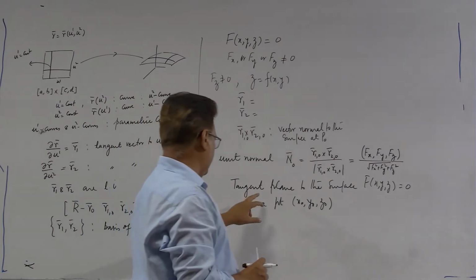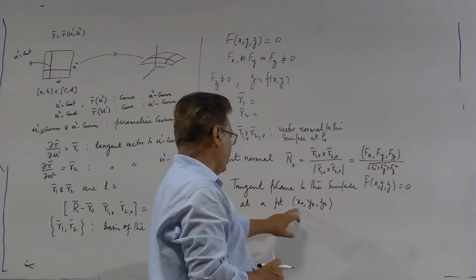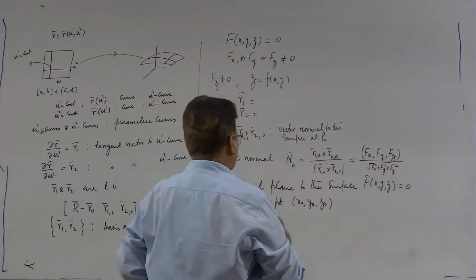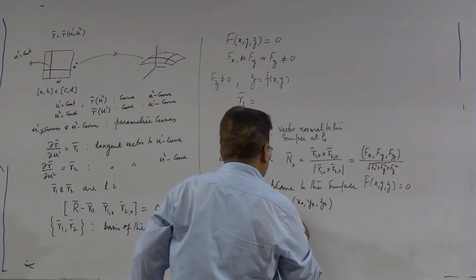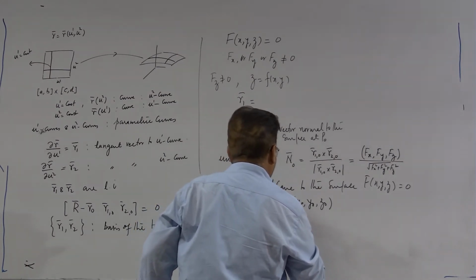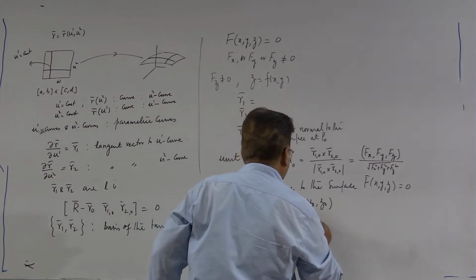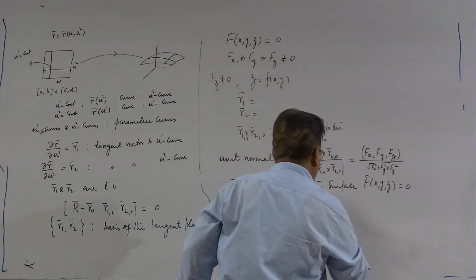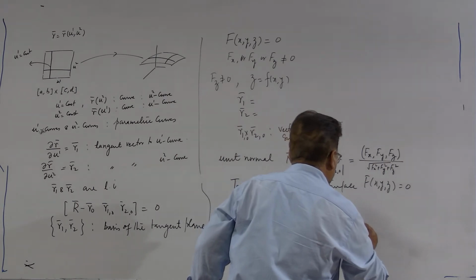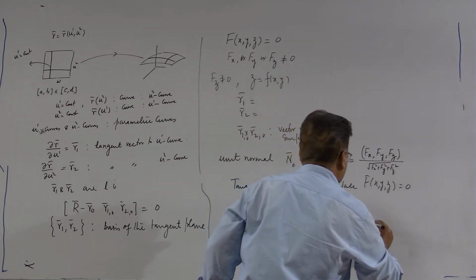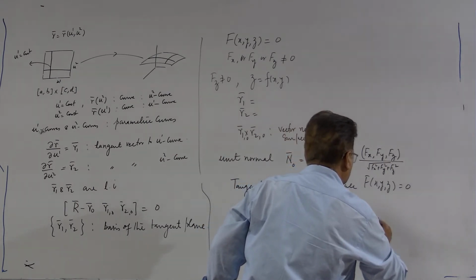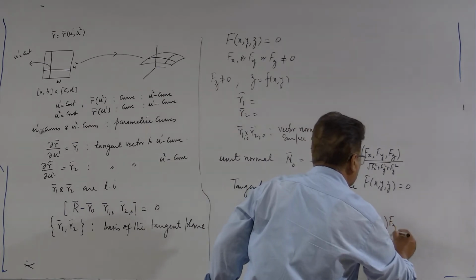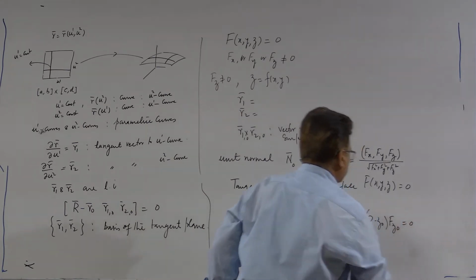So, now I can think of the tangent plane at the point x0, y0, z0. We worked out this equation as (x minus x0) into fx at 0 plus (y minus y0) into fy at 0 plus (z minus z0) into fz at 0 equal to 0.